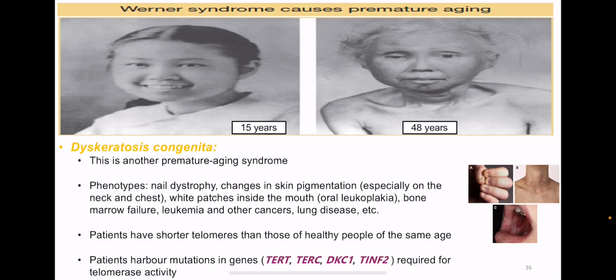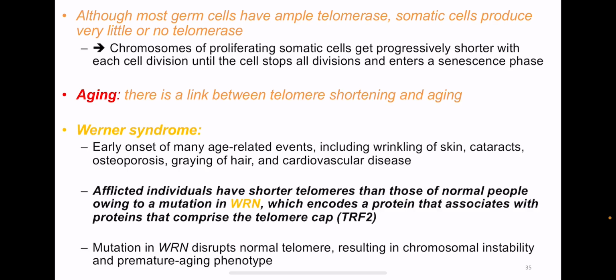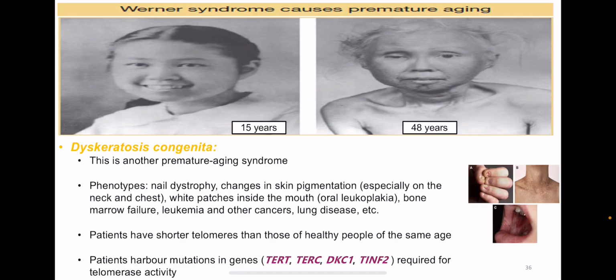So with few cycles of DNA replication, they are going to look older than they actually are. We call this premature aging. Someone who was 15 years old, after a few cell replication cycles, you realize how this is happening.